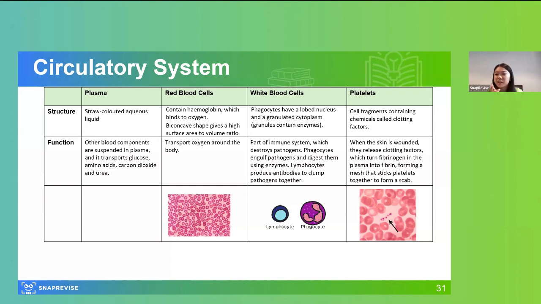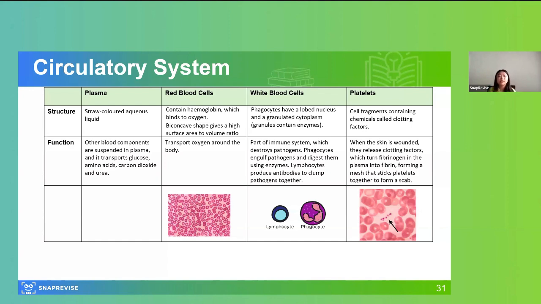Sometimes they might ask you to identify lymphocytes and phagocytes. Phagocytes have a lobed nucleus and a granulated cytoplasm. That's how you'll be able to differentiate between phagocytes and lymphocytes. The phagocyte will look like the diagram below.